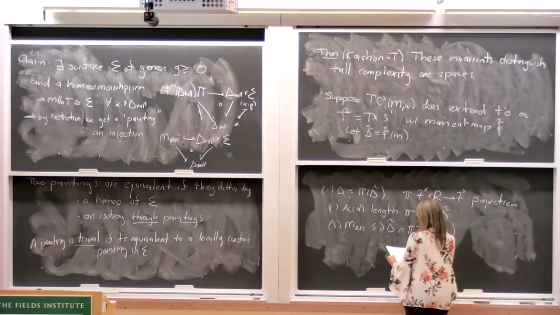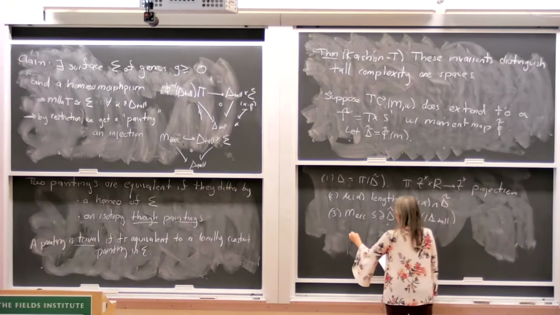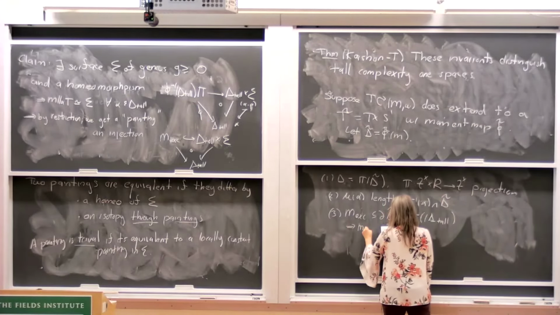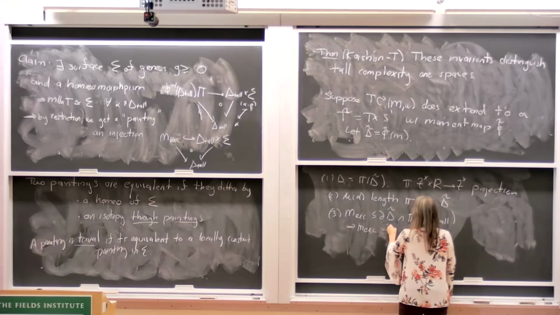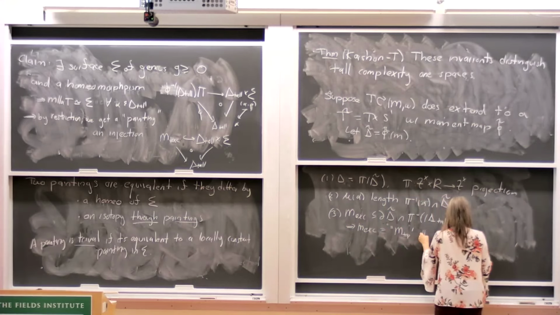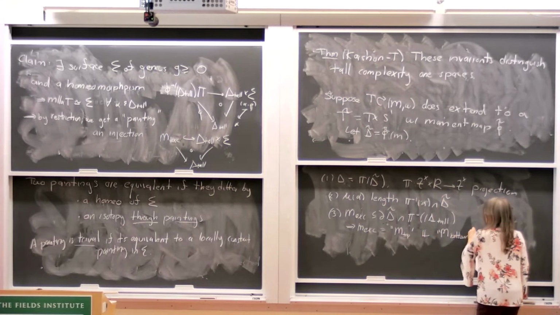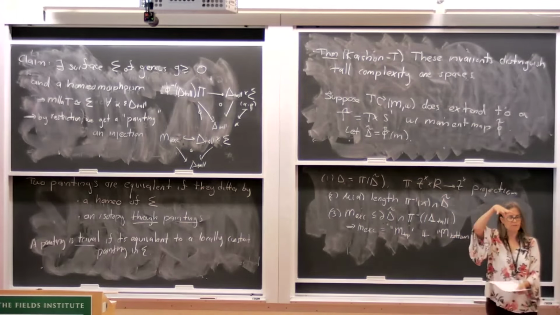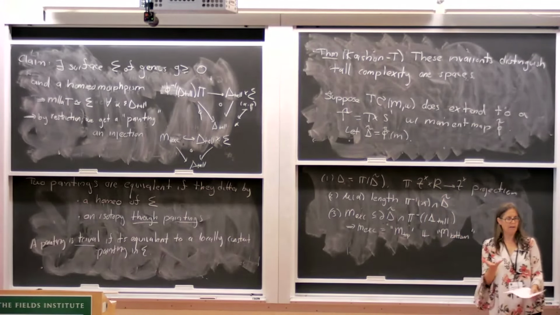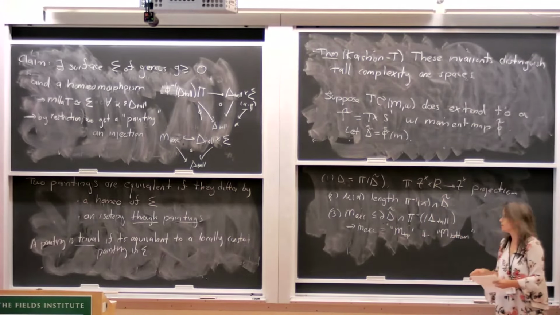And why is this important? Because it implies that M exceptional is M top disjoint union M bottom. You can just look at the part of delta tilde which lies on the top and the part which lies on the bottom, and they're disjoint sets.